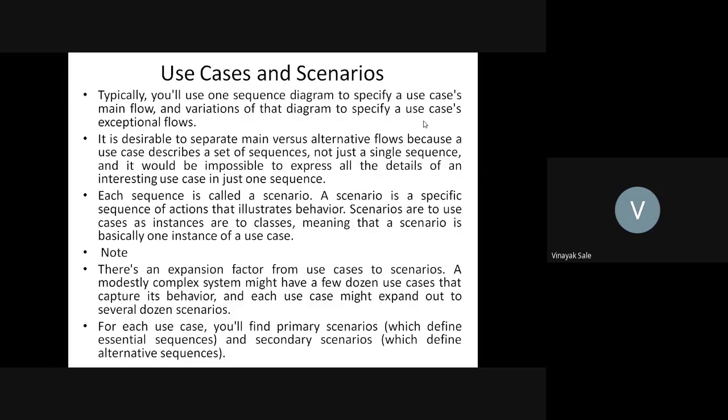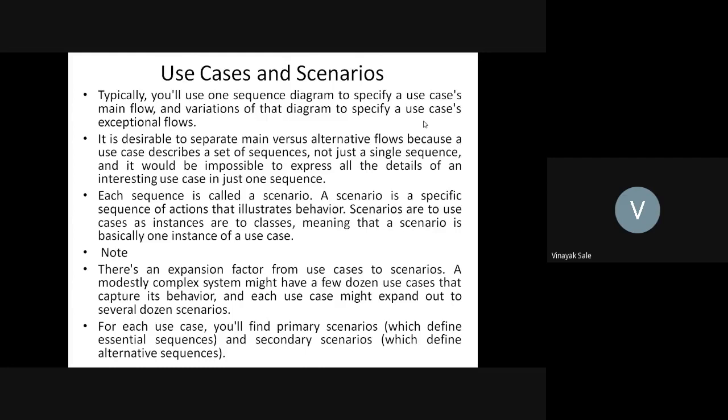Each sequence is called a scenario. A scenario is a specific sequence of actions that illustrates the behavior. Scenarios are to use cases as instances are to classes, meaning that a scenario is basically one instance of a use case. There is an expansion factor from use case to scenario.